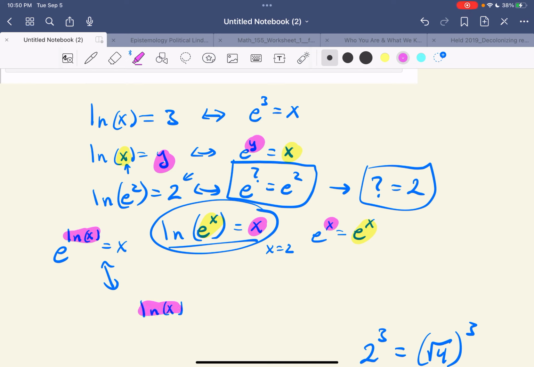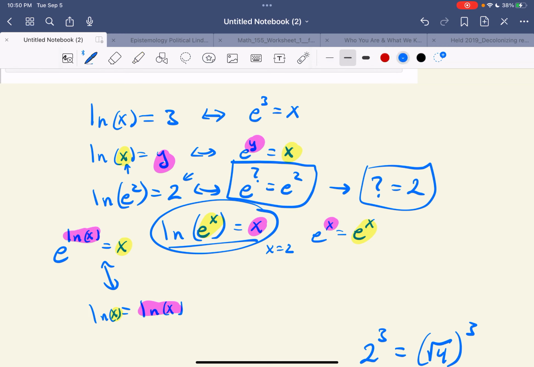Whatever that purpley pinky is, it's the exponent on e. And it's also this side here. And that equals natural log x, and I took this x and put it in there, right?